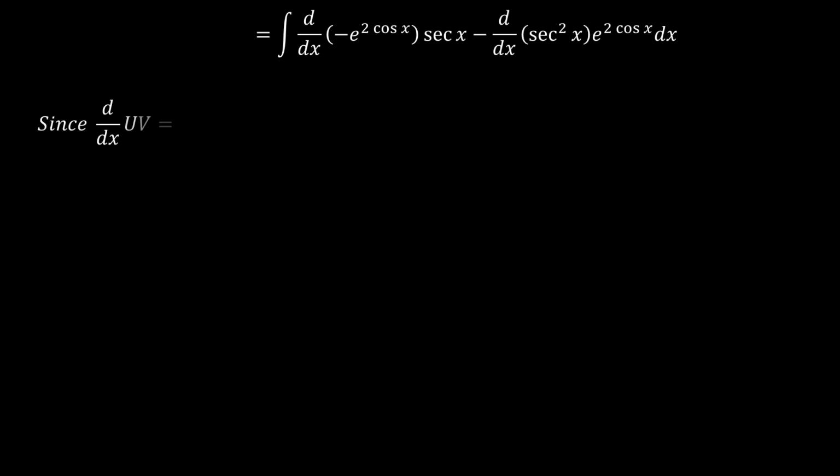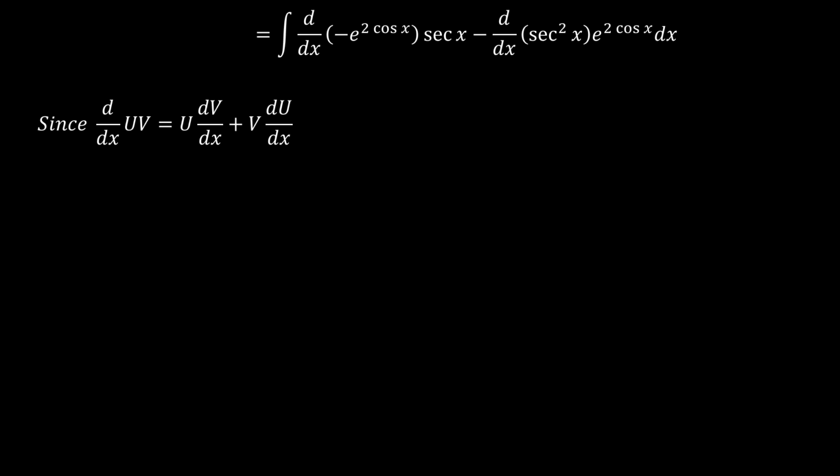Now one important thing to note is that when you differentiate a product of two functions, u and v, that is the same as the sum of u times the derivative of v and v times the derivative of u.